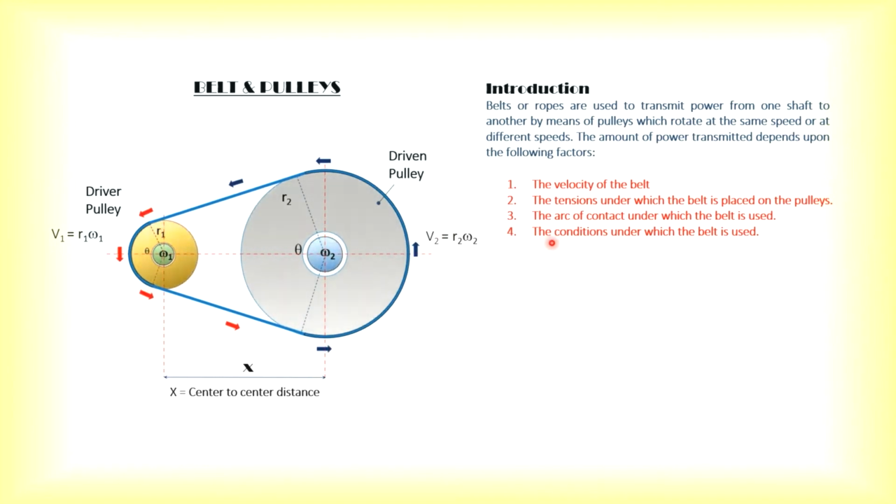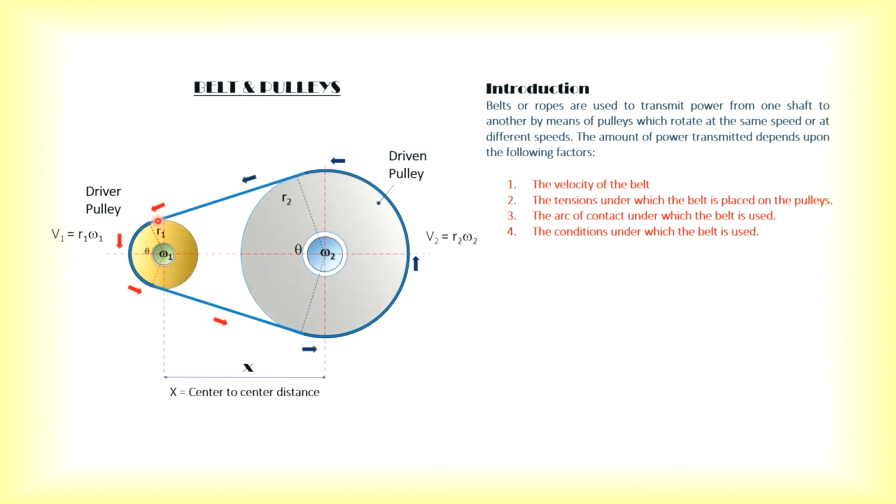The fourth point is the condition under which the belt is used. Usually belts and pulleys are used in a dry environment, because friction is very important in this belt and pulley drive, as it needs a gripping force between the belt and the pulley.